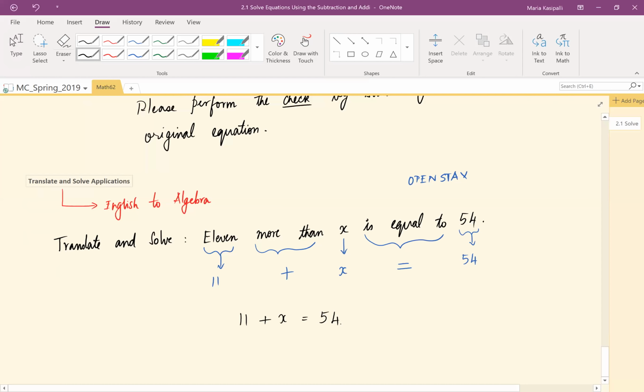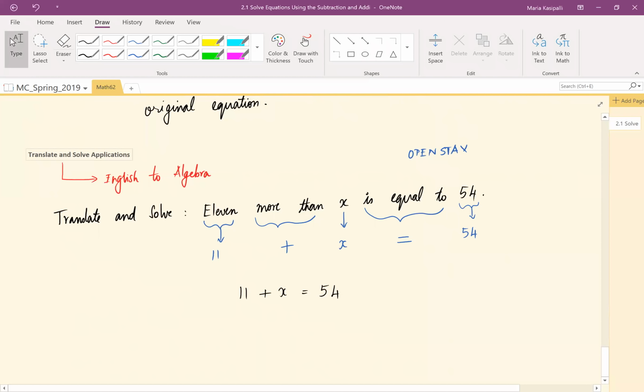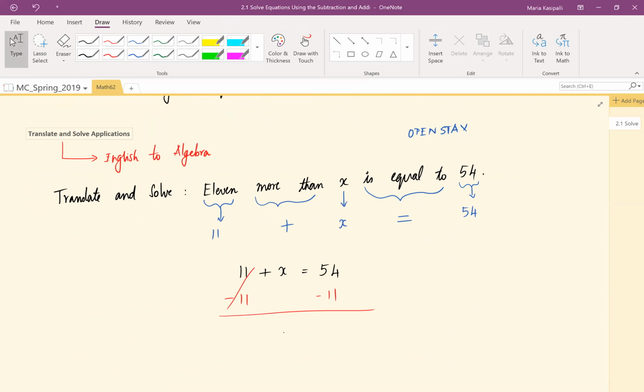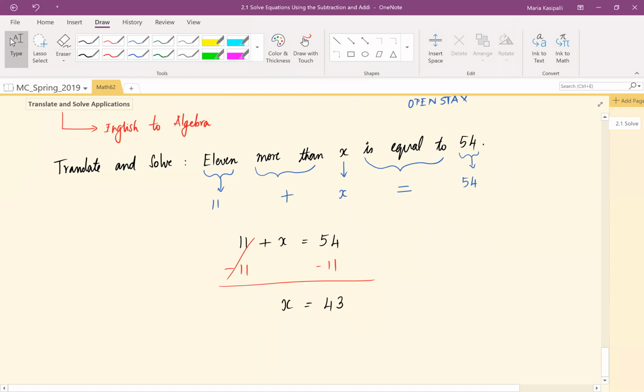Can we solve this problem? Yes, of course we could solve this problem. You want to get x by itself, so let's get rid of the 11. So I will subtract 11 on both sides. That gives us x by itself. And subtract these, 54 minus 11 is 43. Well, it's positive 43. Do not forget to do the check.